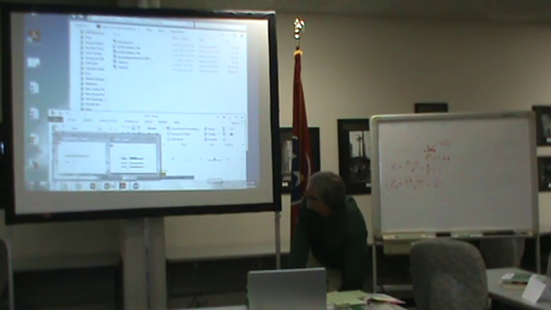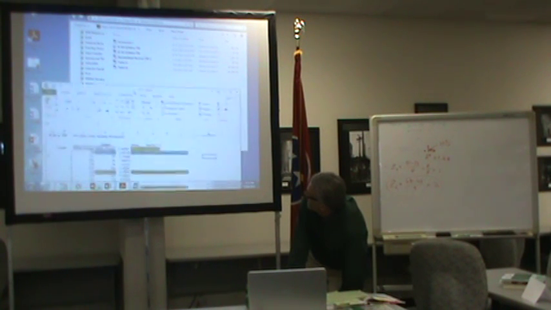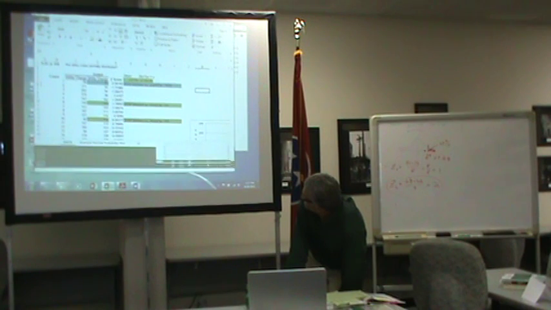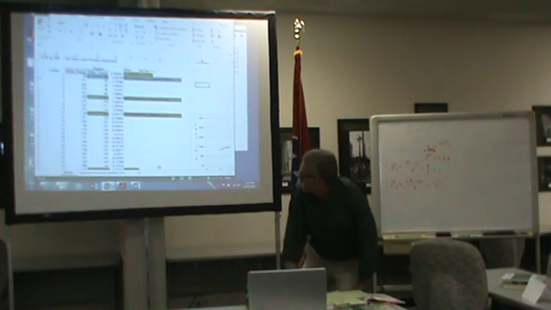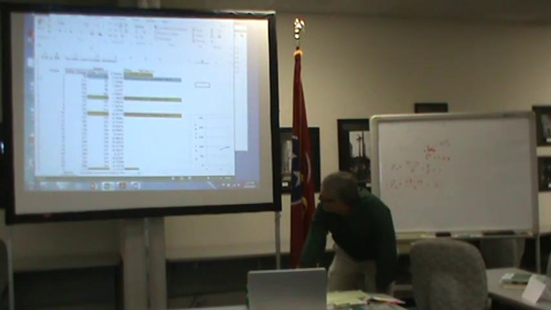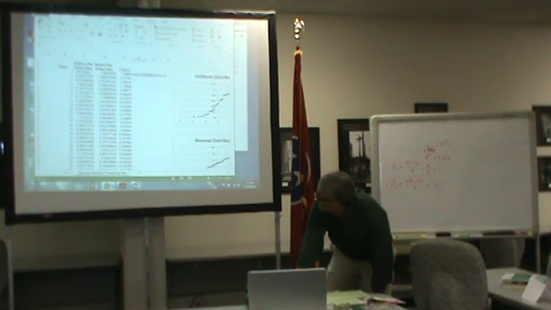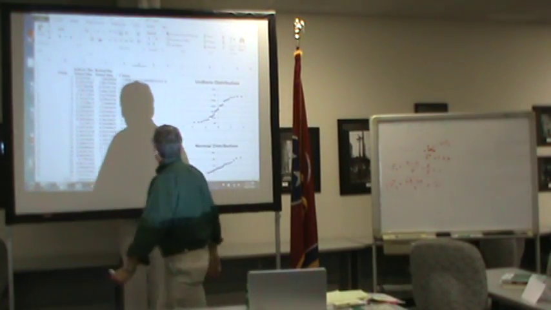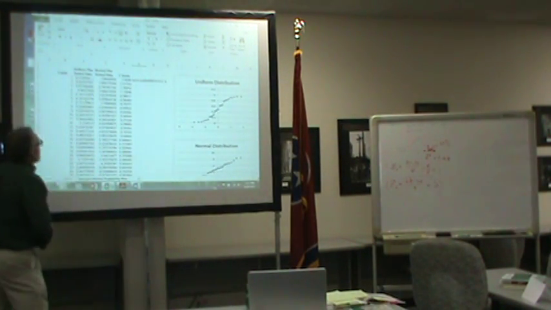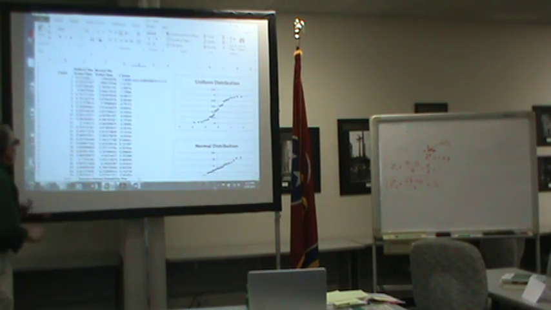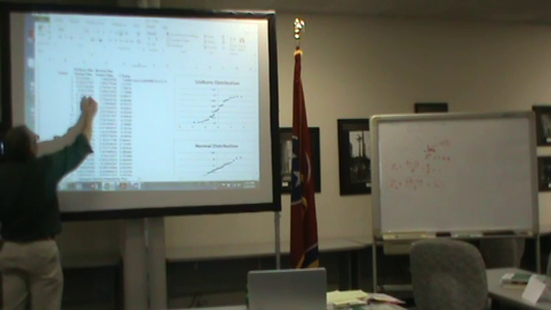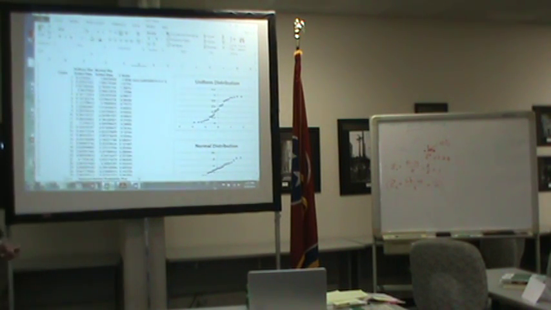This last one is the normal probability plot. You probably want to look at it yourself. This is C. To make a normal probability plot, you try to find the Z-score corresponding to each of these if they are ordered.